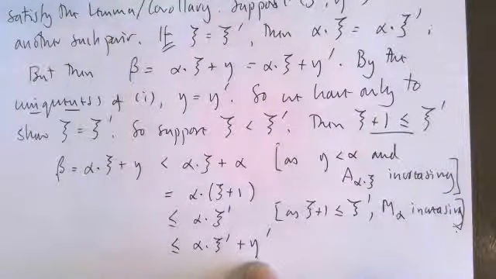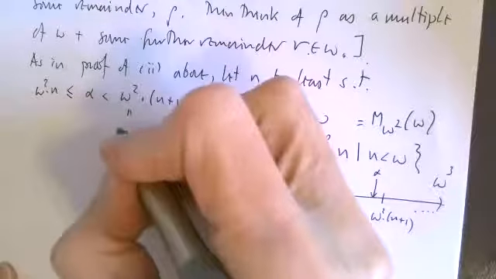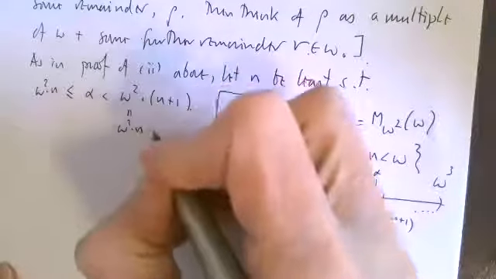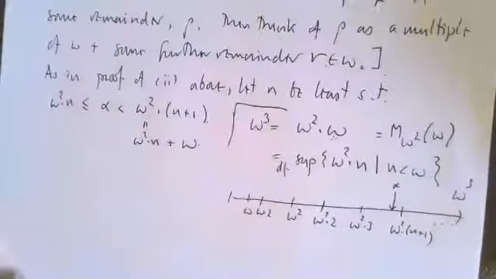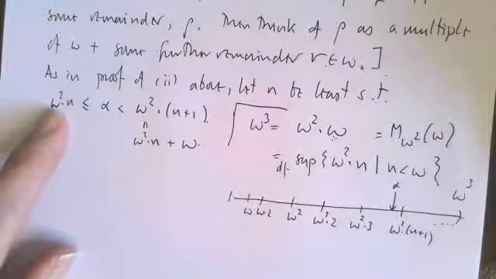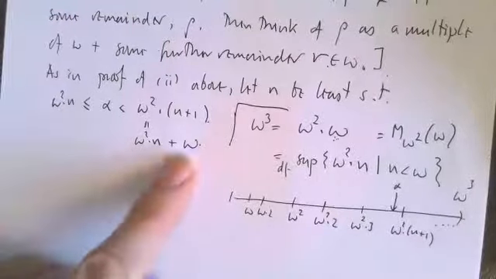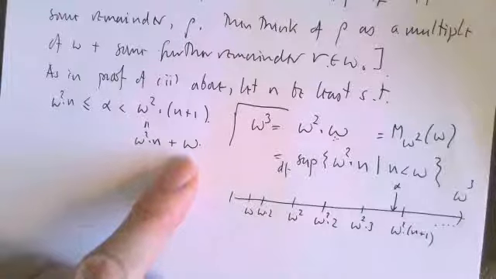Okay, so omega squared times n plus 1 there is too far. What is this? This here is omega squared times n plus omega. And this is omega squared times n. And here, this is the result of going omega squared times n plus 1, plus 2, plus 3, plus 4, and so on, right?